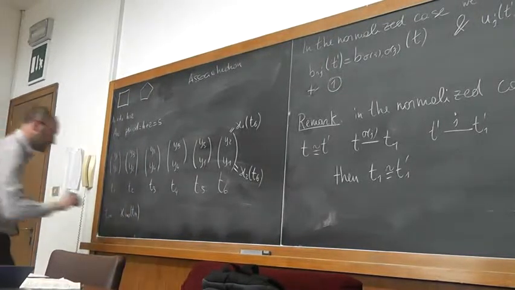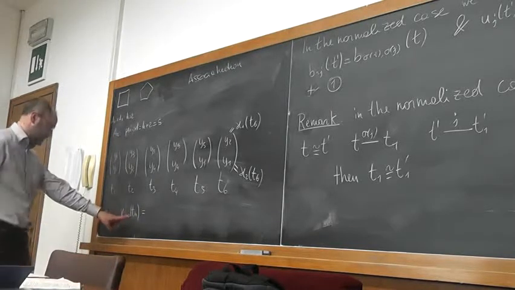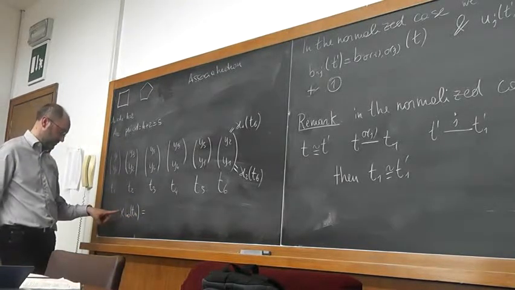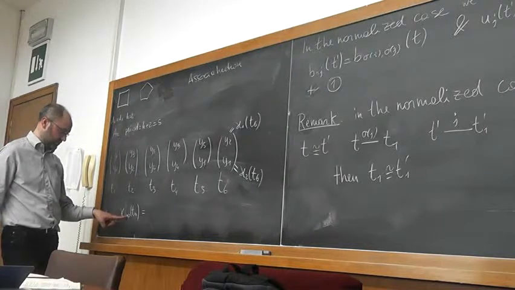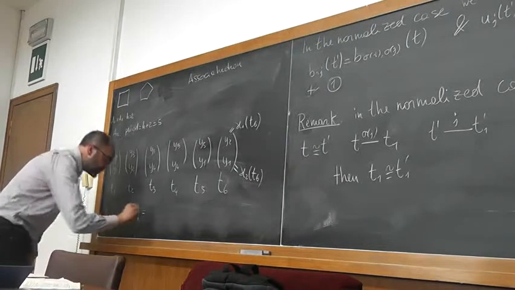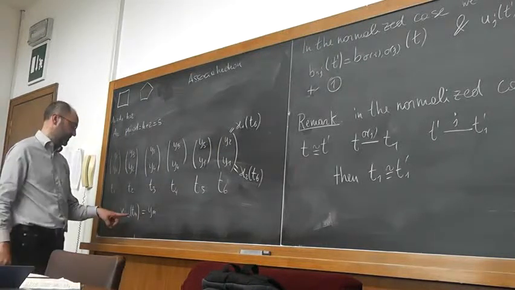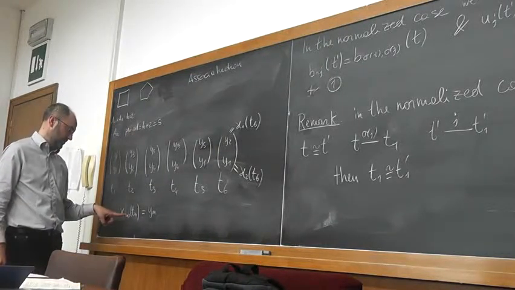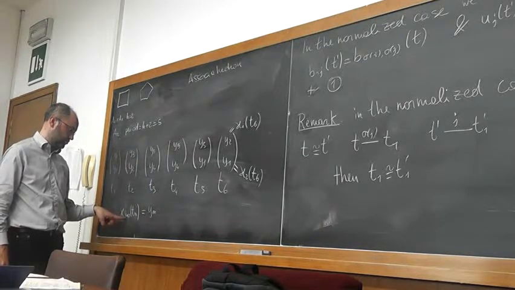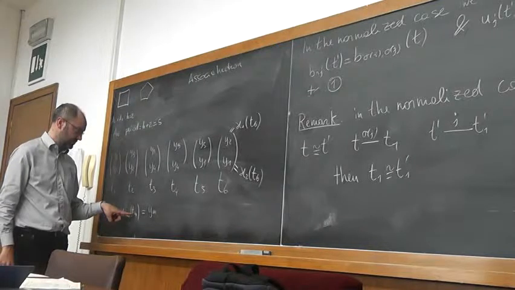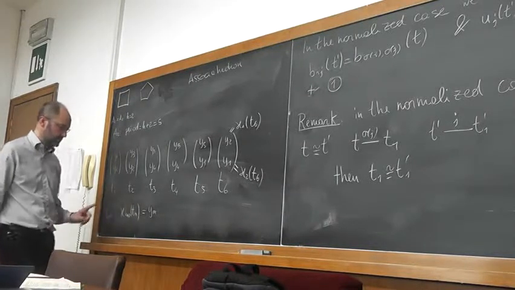I have to be careful here. If m is odd, x1 of Tm is ym. If m is even, x2 of Tm is ym. So this is correct.